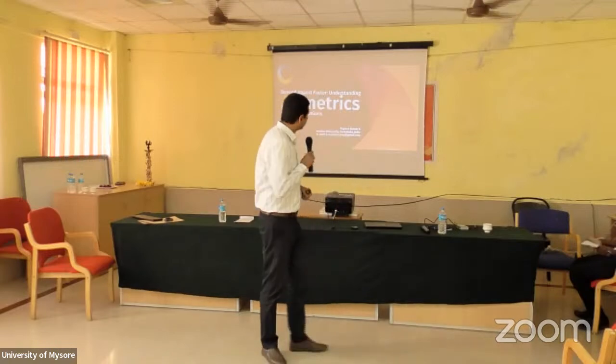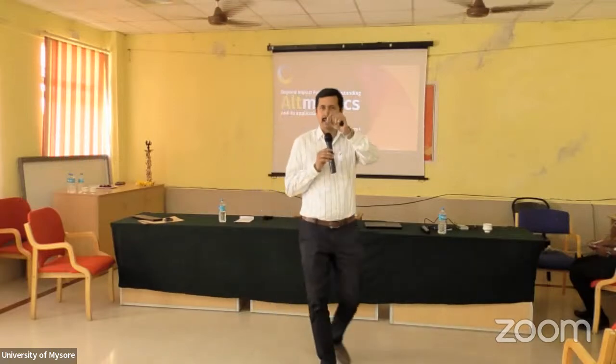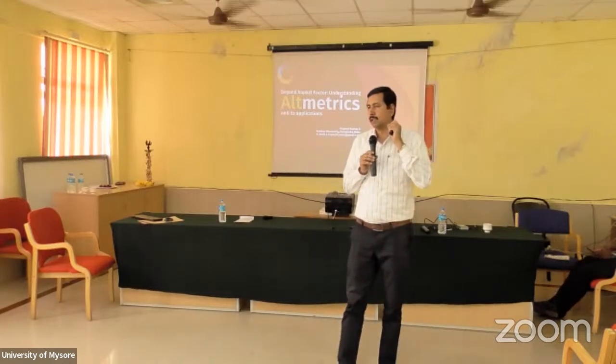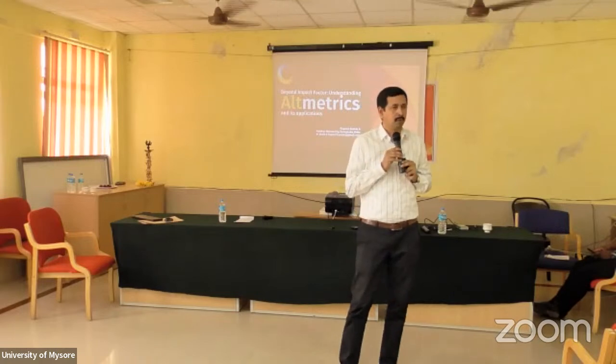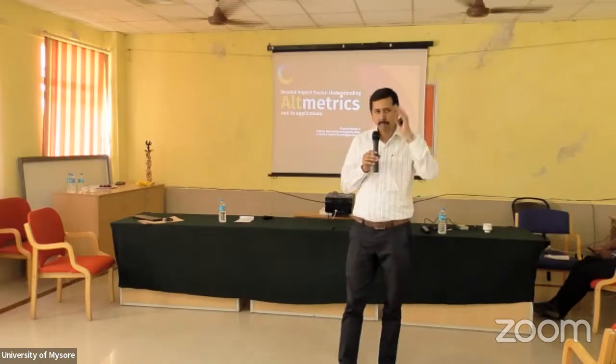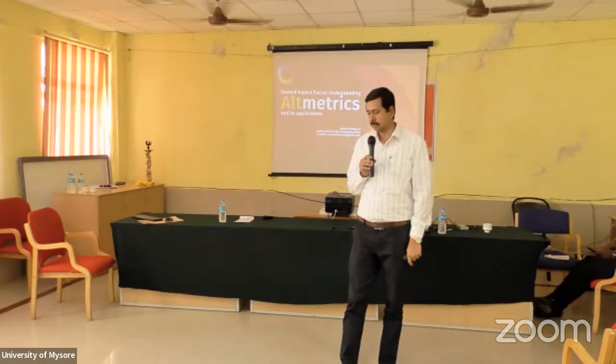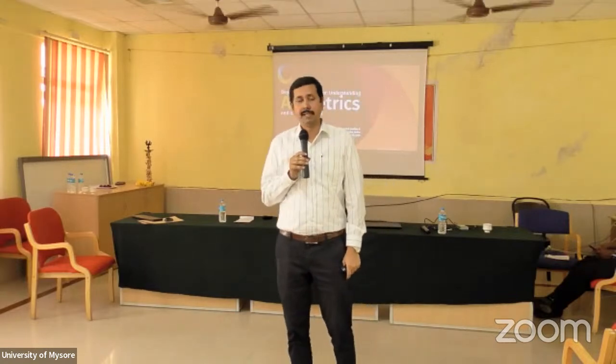So let's get started with the understanding of altmetrics. Even before we understand altmetrics, first we must understand the traditional metrics. Of course, by now you have a fair idea as to what traditional metrics aim to measure. The journal impact factor, CiteScore, h-index, Eigenfactor, g-index, m-index, a-index, e-index.